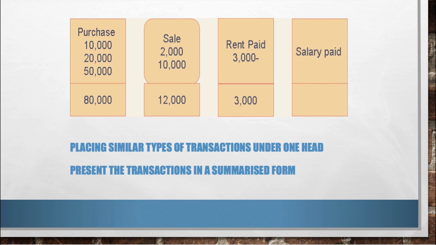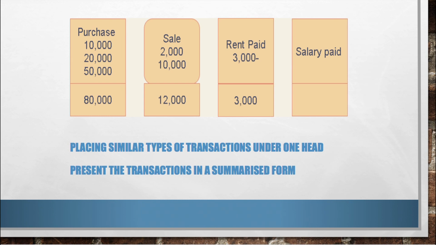Similarly, we have applied the same principle in the case of sale transactions. We place the sale transactions in a particular place, that is, on a particular day we have done sale transactions of rupees 2,000, on another day we have done transactions of rupees 10,000. So we have placed similar types of transactions in a particular place. Now it will be easy for us to calculate the total amount of purchase for a particular period of time.